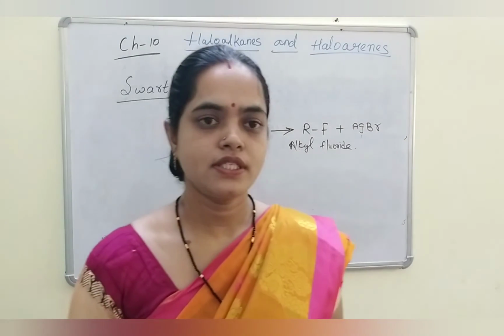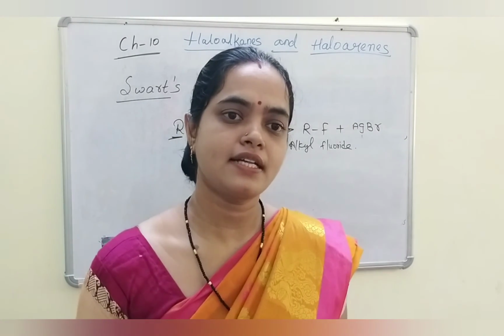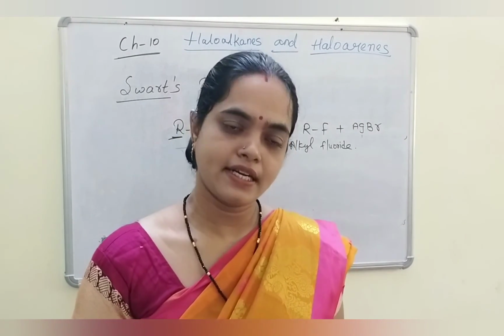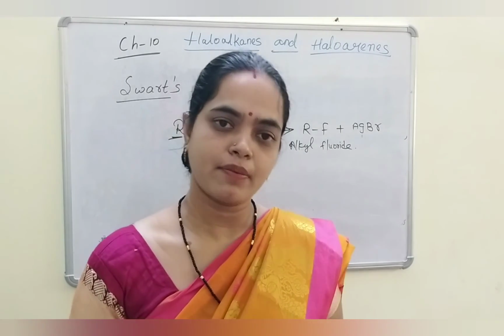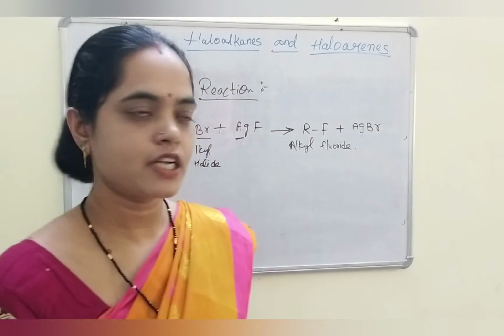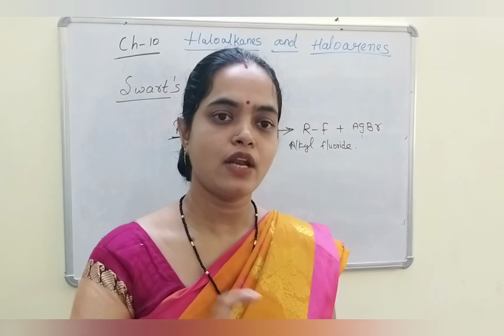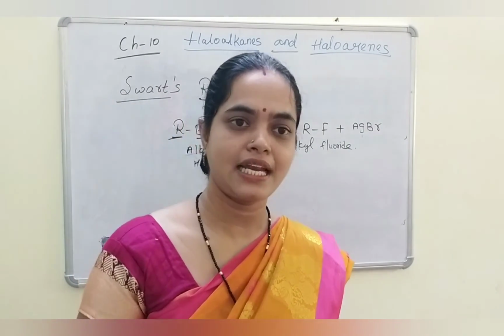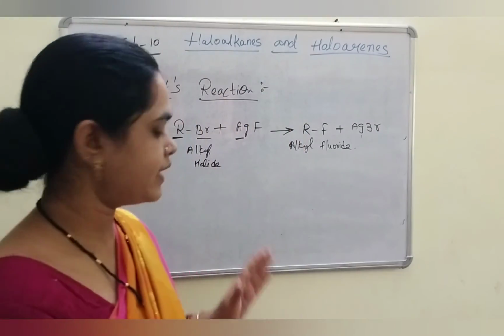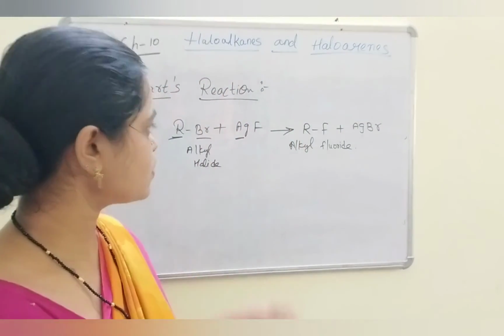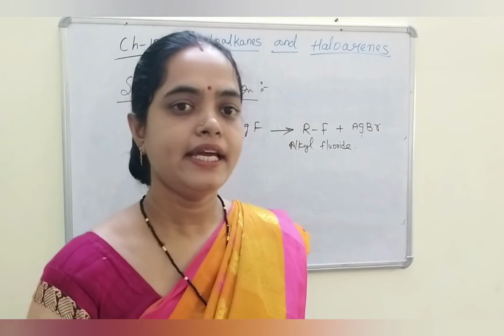So, what is the Hunsdiker reaction? When the silver salts of carboxylic acids are treated with bromine in presence of carbon tetrachloride, they form the corresponding alkyl halides. In the Finkelstein reaction, halogen exchange takes place when alkyl halide is treated with sodium iodide in presence of dry acetone.